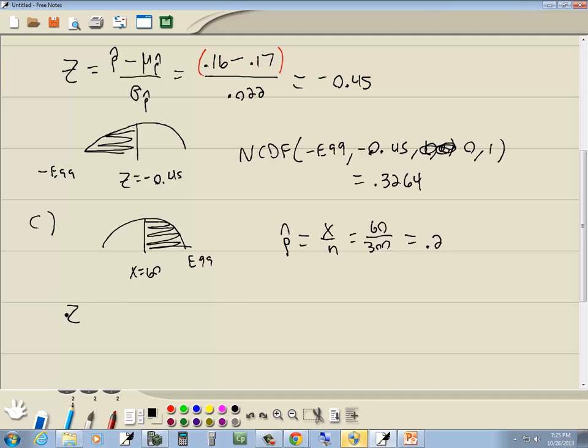Well, we have to convert to a z-score. So z is equal to p hat minus mu sub p hat over sigma sub p hat. P hat we just said was 0.2 minus mu sub p hat, which we said earlier was 0.17, over sigma, which is 0.022. Again, when we plug this in the calculator, we're going to put parentheses on top.